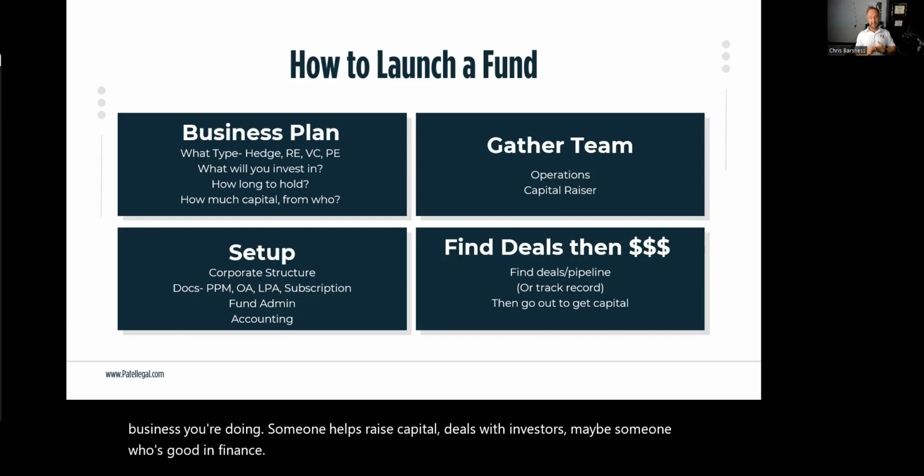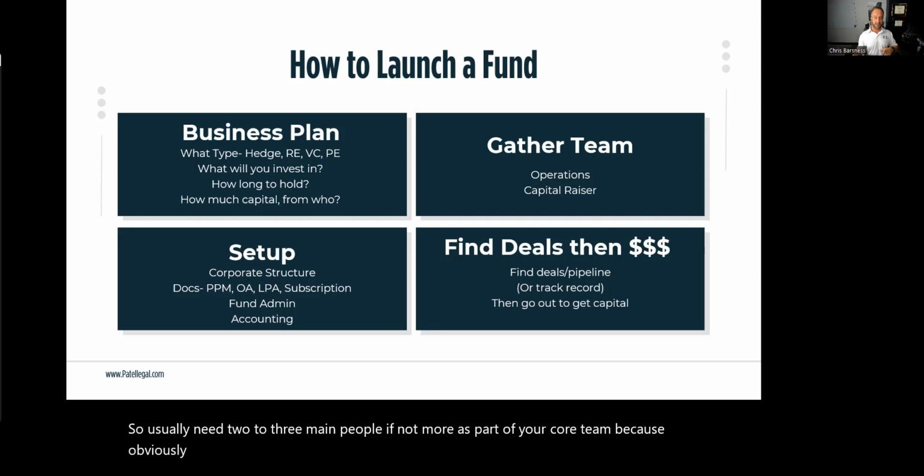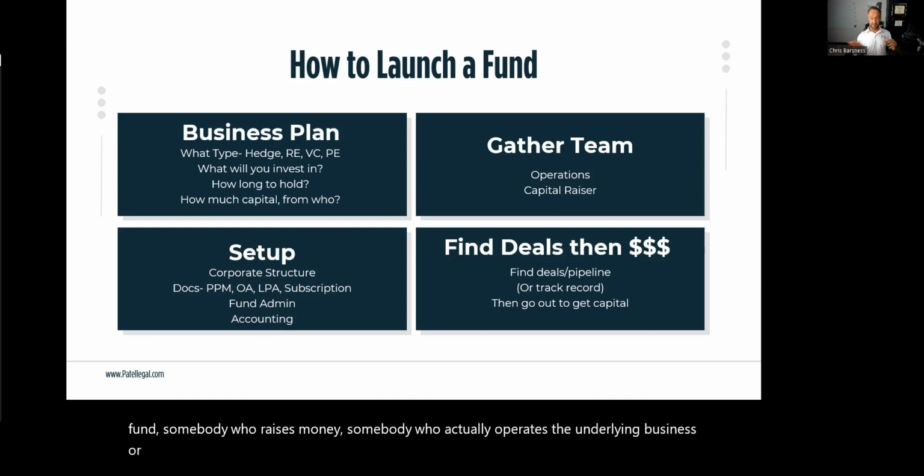So you usually need 2 to 3 main people, if not more, as part of your core team, because obviously, you can't be a jack of all trades and run a fund. You have somebody who runs the fund, somebody who raises money, somebody who actually operates the underlying business or does due diligence to find the assets. Those are all different types of skill sets.